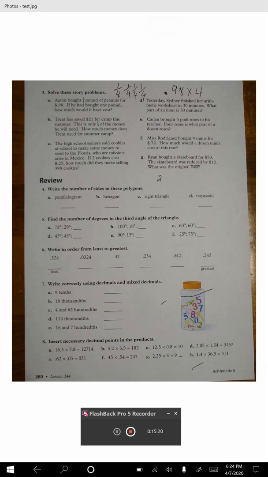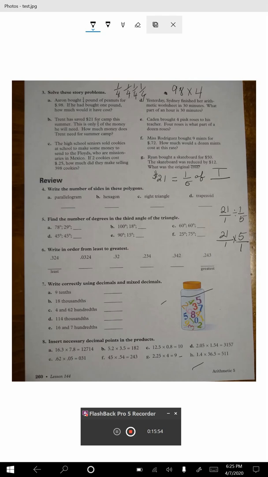So $21 is 1/5 of the total. All right, and remember you've done this before, so you can do 21 divided by 1/5. Remember you change it to multiplication and flip that second number. So basically you're just doing 21 times 5.